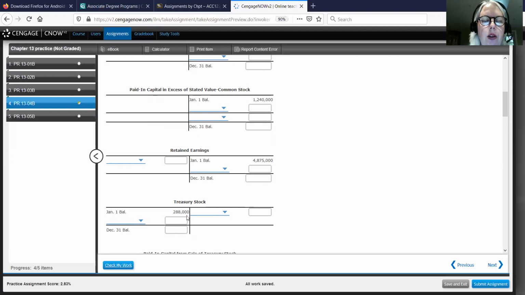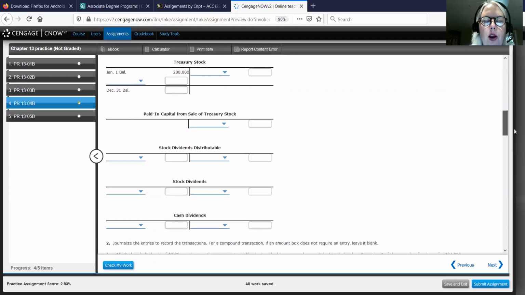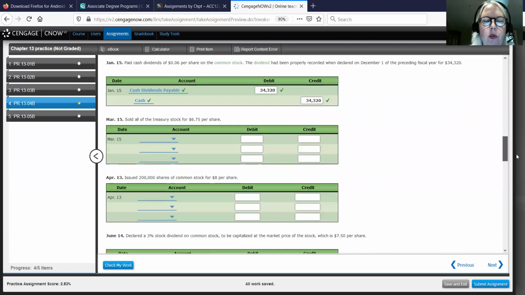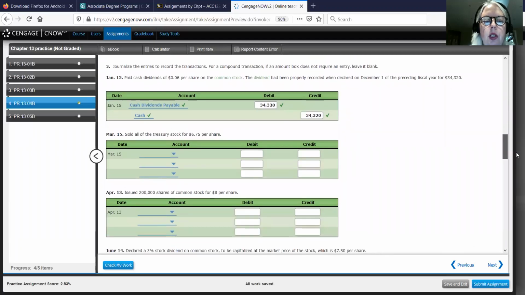You're going to be crediting it because you're selling the treasury stock. You'll remember that the treasury stock account is a contra stockholders' equity account and has a normal debit balance. So the balance at January 1st was $288,000. If you sold all of it, you're going to sell the entire amount of the treasury stock of $288,000.